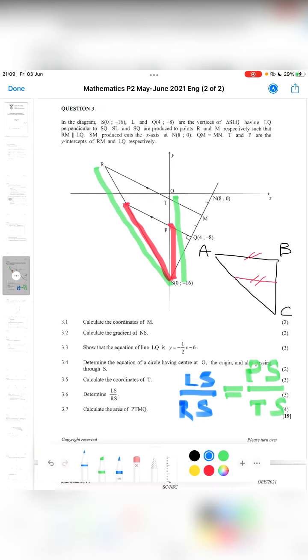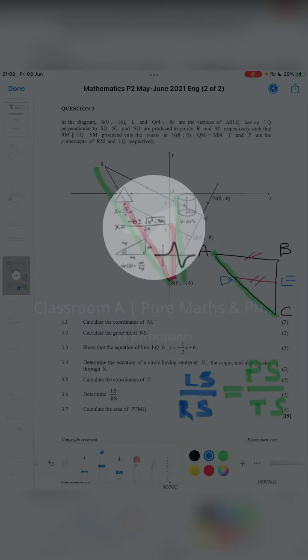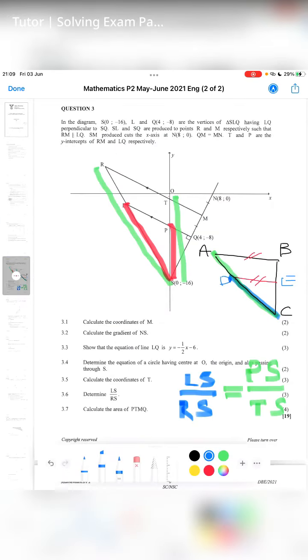Let's say this is ABC, then this is D, and this is E. So what the proportion theorem says is that this over this can be equated to this over this. I'm not sure if you are now getting me, guys.